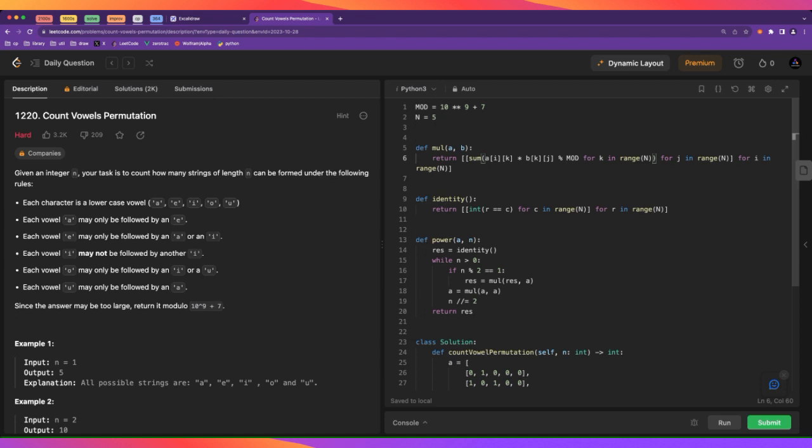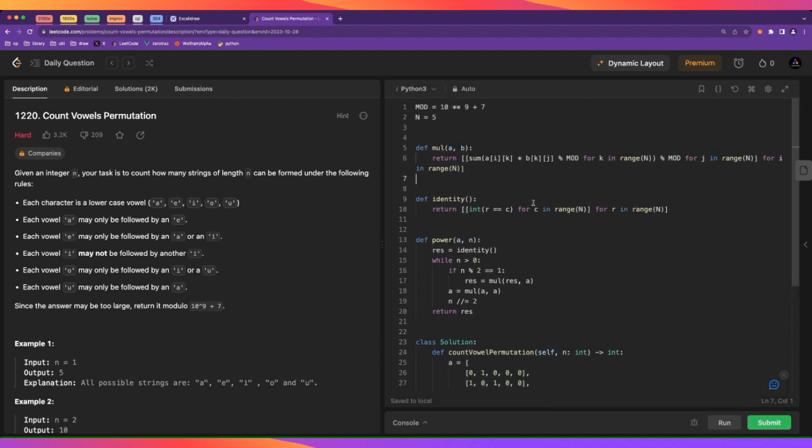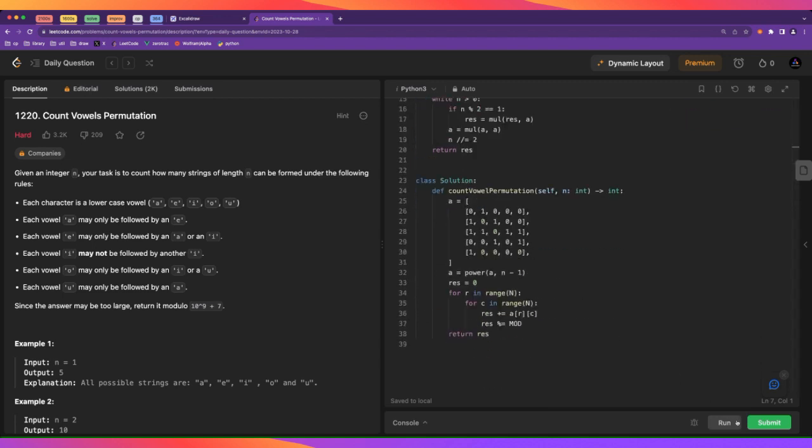The only thing is that we need to do mod again here, and I think if we do that there, we are covered in terms of mod.